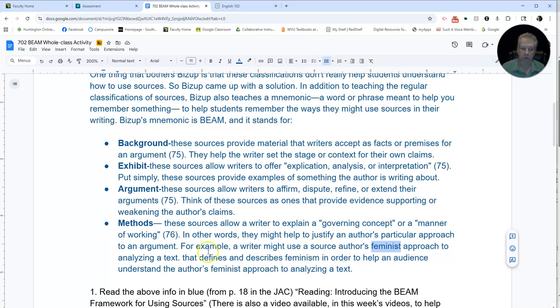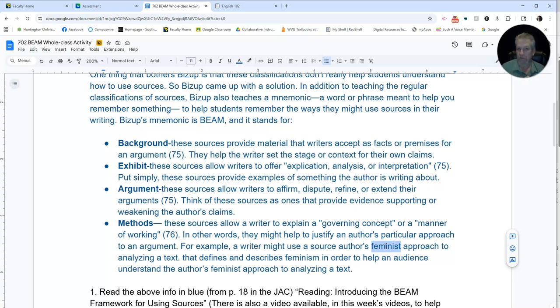That would be a method, because it would be a way for you to describe the perspective you're coming from. Another example, which is kind of basic but might still give you an idea: let's say you wanted to write about a particular topic from the perspective of an undergrad student or a graduate student.